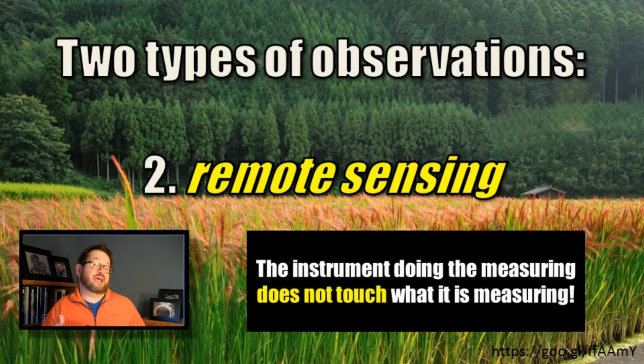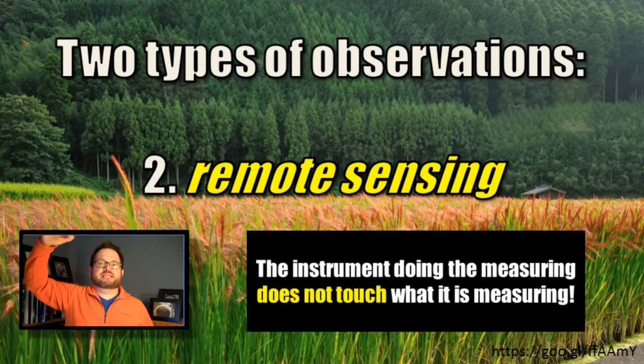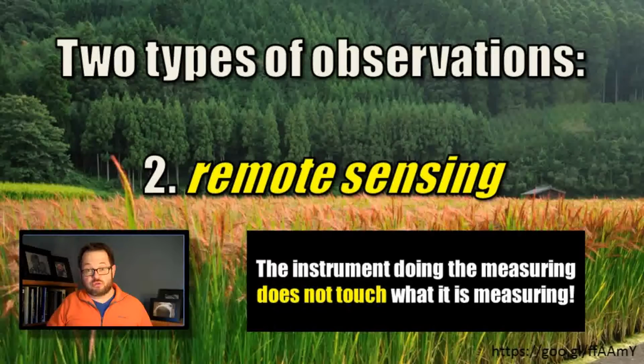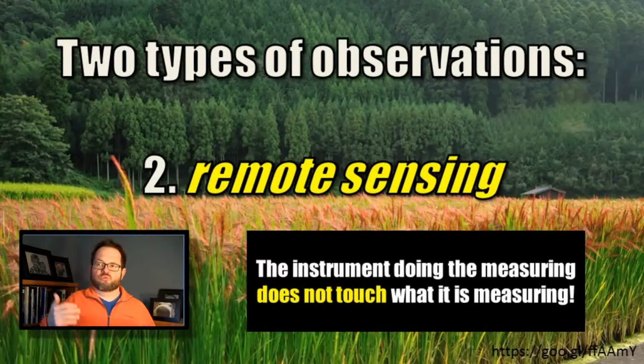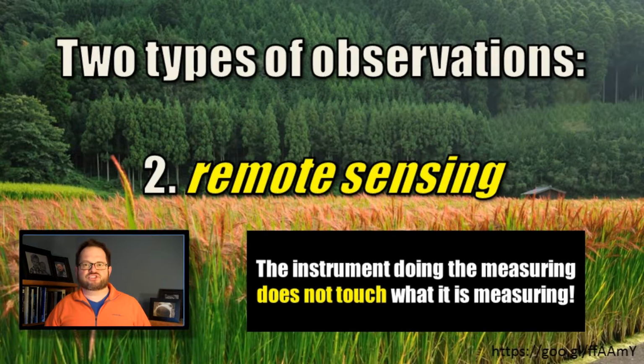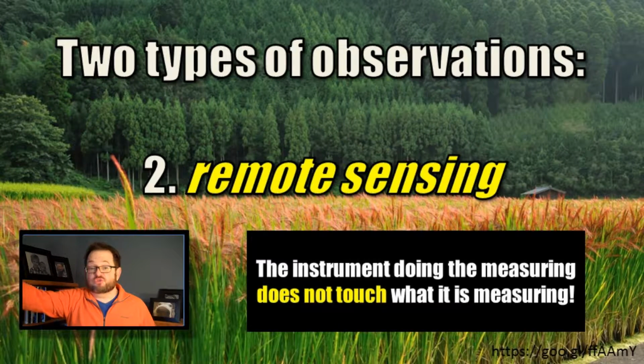In the context of earth science and atmospheric science and climate science, we're almost always talking about things like satellites, where the satellite is measuring properties about the earth, like soil temperatures or leaf area or winds or wave heights, without actually touching the waves. More broadly, remote sensing techniques could be things like telescopes, for example. A telescope is measuring something far away from the instrument itself.